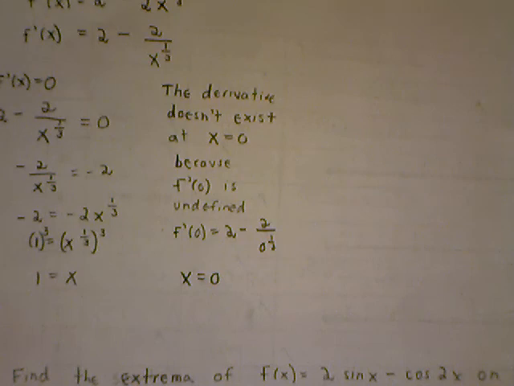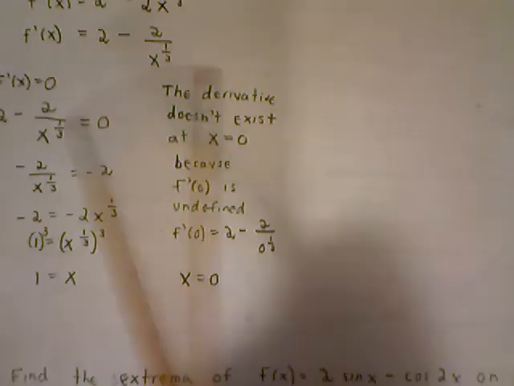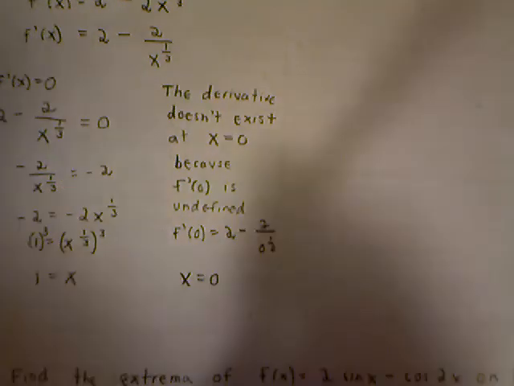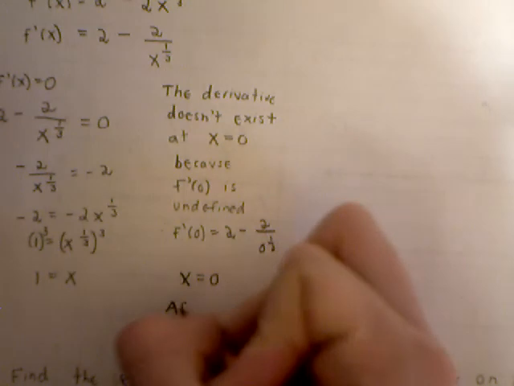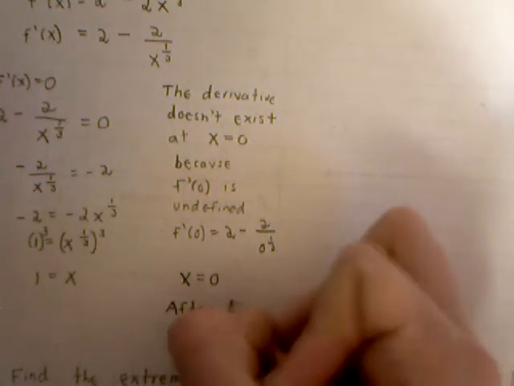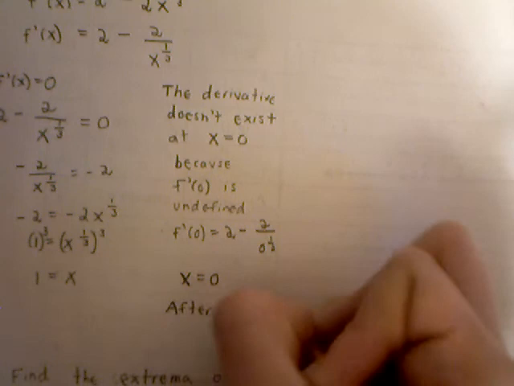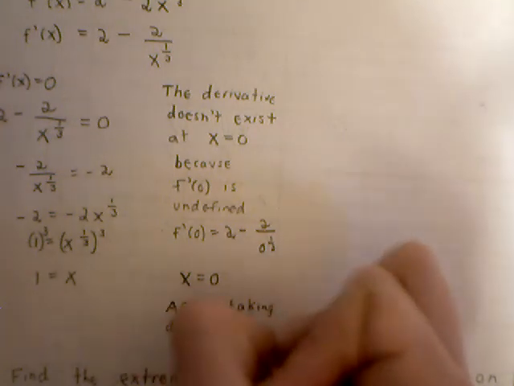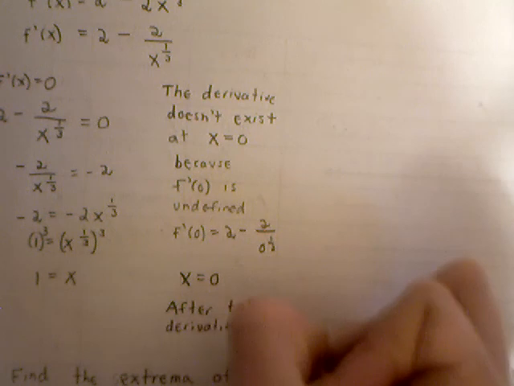This is that other case where the derivative doesn't exist. So whenever you're finding critical values, after you have your derivative, make sure to check the denominator. Make yourself a note: after taking derivative, check denominator.